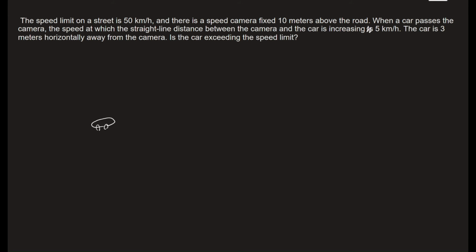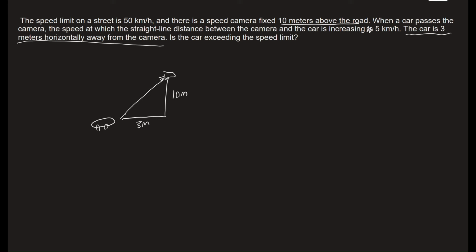So this is the car, and the speed camera is 10 meters above the road, so let's label that. Here's speed camera. It says the car is 3 meters horizontally away from the camera, so that would be this side length.